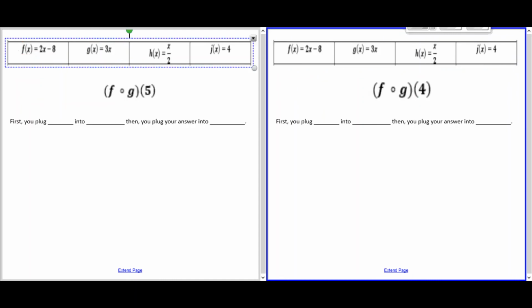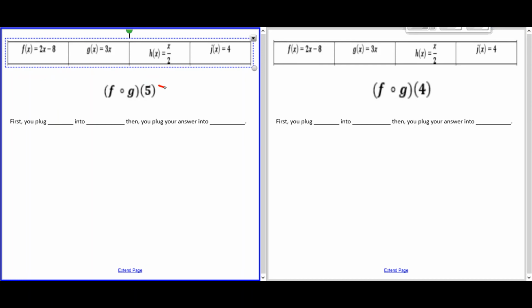The last two problems, these two problems, so f of g of 5. So I'm going to rewrite this in the notation that we like. So I'm going to say this is f of g of 5. So this is the good notation that we want to use. So first you're going to plug 5 into g of x, because the 5 is in there with the g.